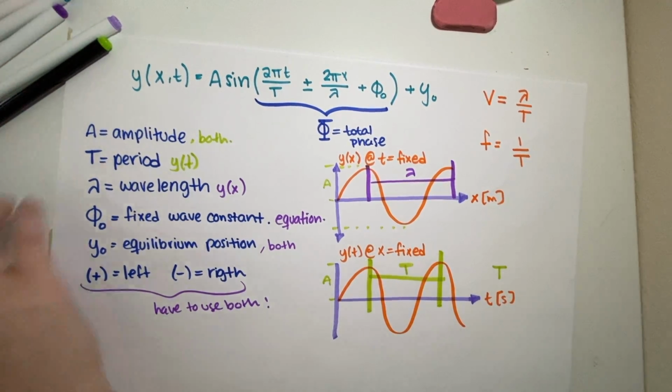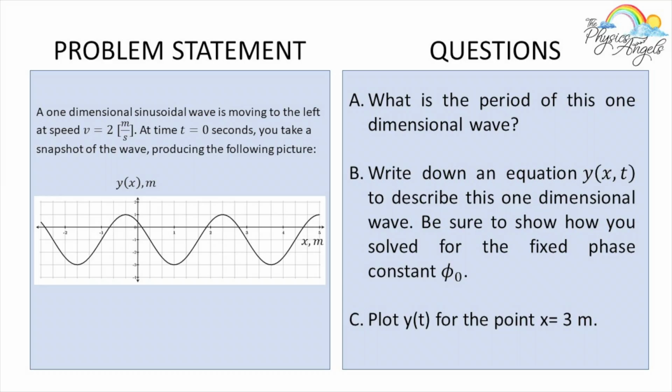So anyways, let's just start with a very easy introduction practice problem, which I'm going to show you on the screen right now. The problem statement says a one-dimensional sinusoidal wave is moving to the left at a speed of 2 meters per second.